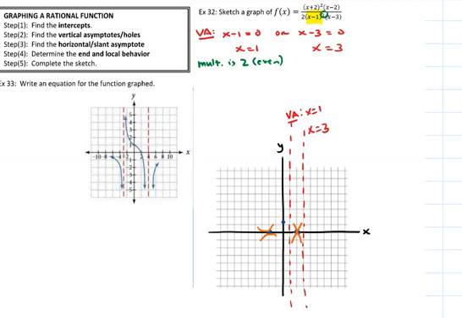Now, whenever you have an even multiplicity, the behavior around the asymptote, as you're approaching from the left or approaching from the right, should be the same. So either f of x will approach positive infinity in both cases, or f of x will approach negative infinity in both cases.